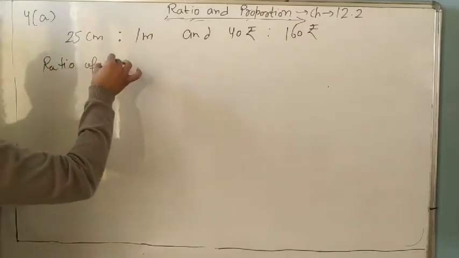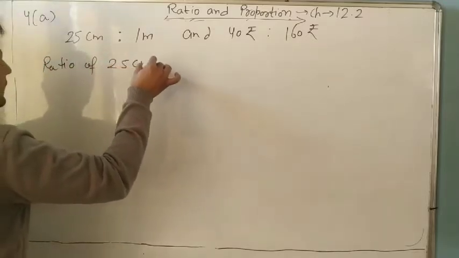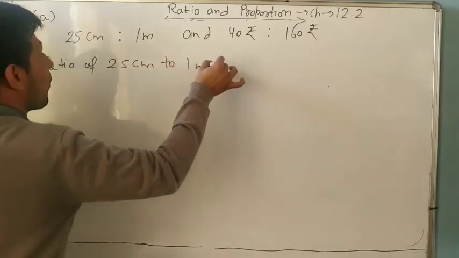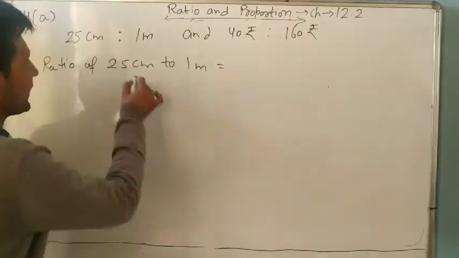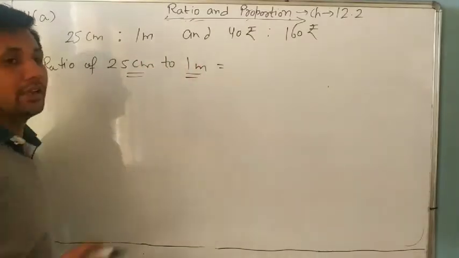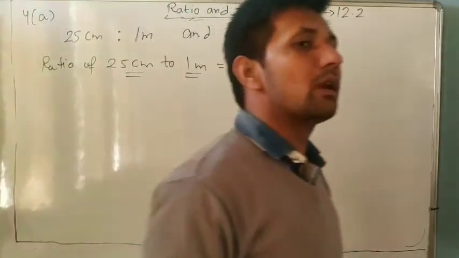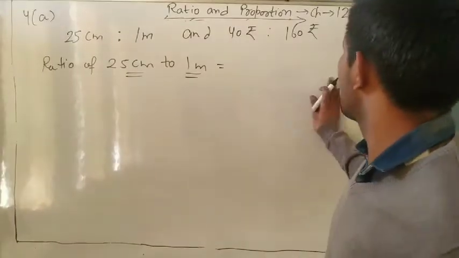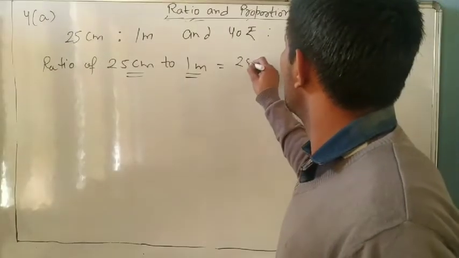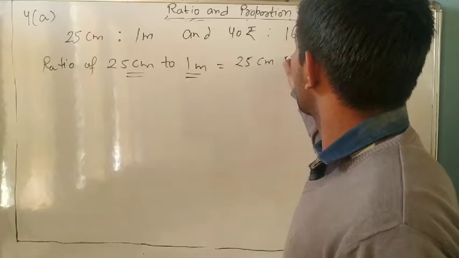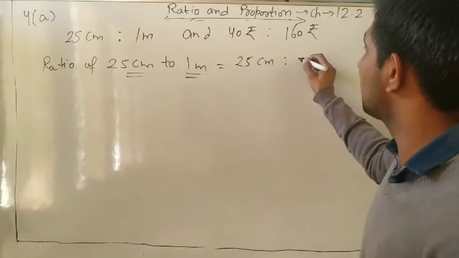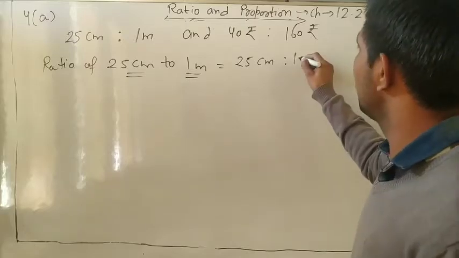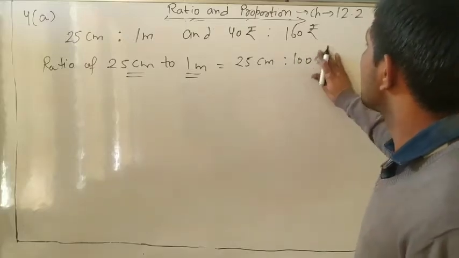Ratio of 25 centimeter to 1 meter. Everyone knows this one is in centimeter and this one is in meter. So always we will write in the same unit. In 1 meter how many centimeters? 1 meter means 100 centimeter.